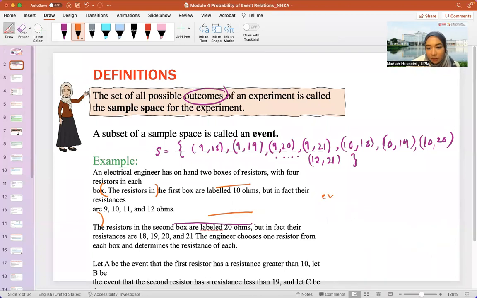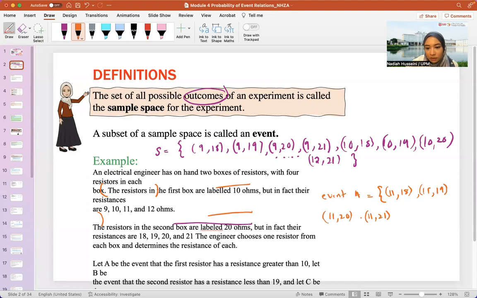Okay, so event A, I'm going to write that down. So 11 and 12 for the first resistor, right? All the pairs with the first resistor being 11 or 12 are within event A. So 11, 18, 11, 19, 11, 20, 11, 21.